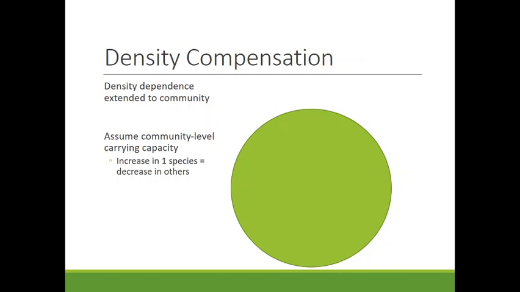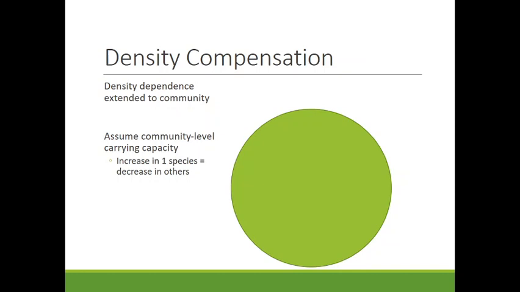What we're thinking about is a community can hold a certain biomass of organisms. And what we see is that if you increase one species, because the ecosystem can only hold a certain biomass, it means you must have a decrease in the others.